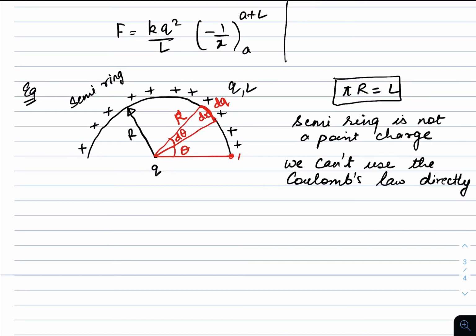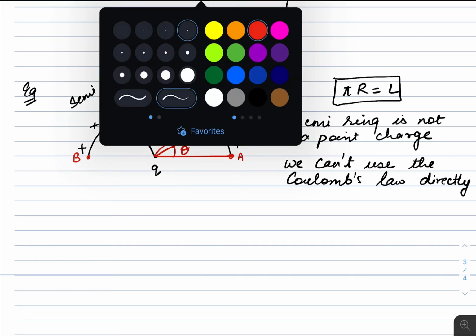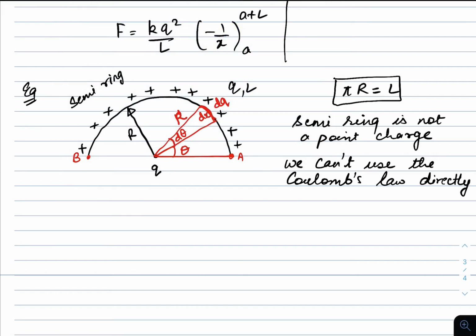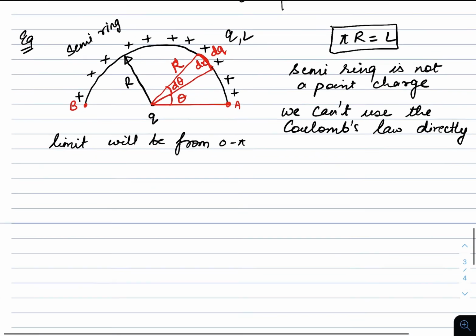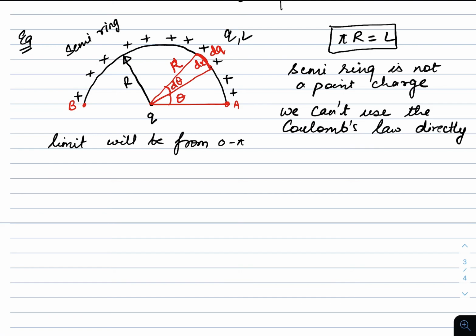Particle a has a 0 angle and particle b will have 180 angle. So the limit will be from 0 to pi. So this we have calculated, right? Now we can solve this easily.